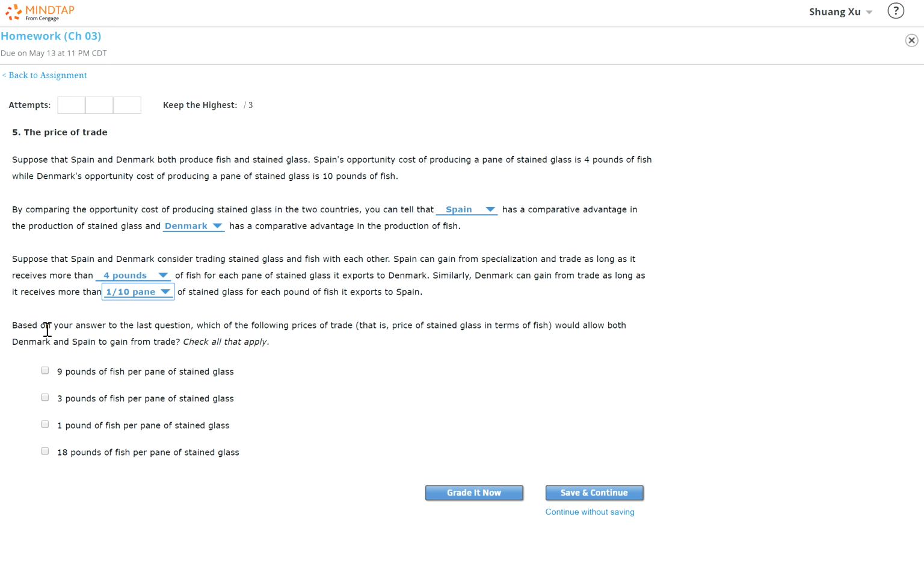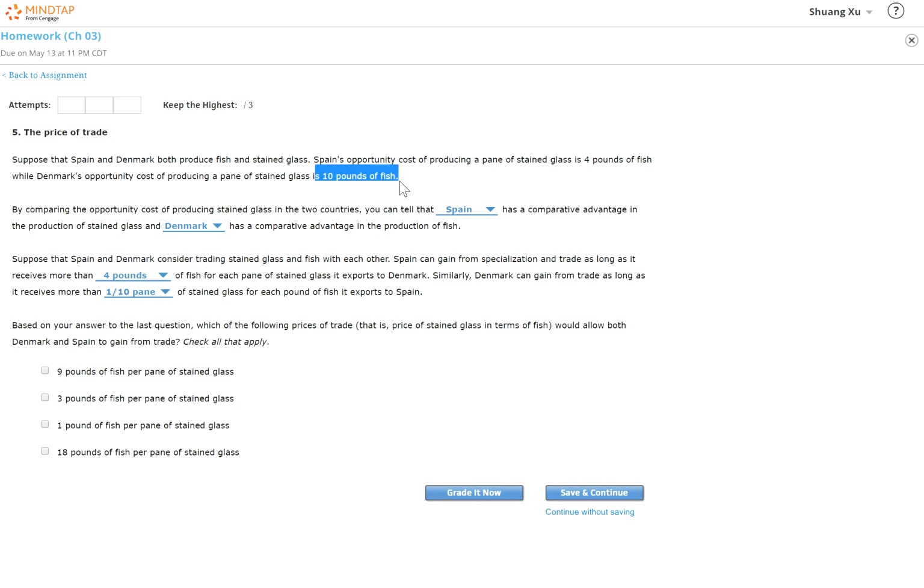Now, last one: based on your answer to the last question, which of the following prices of trade would allow both Denmark and Spain to gain from trade? The key here is that it must allow both countries to gain. So the price has to be between 4 pounds of fish and 10 pounds of fish for each stained glass.